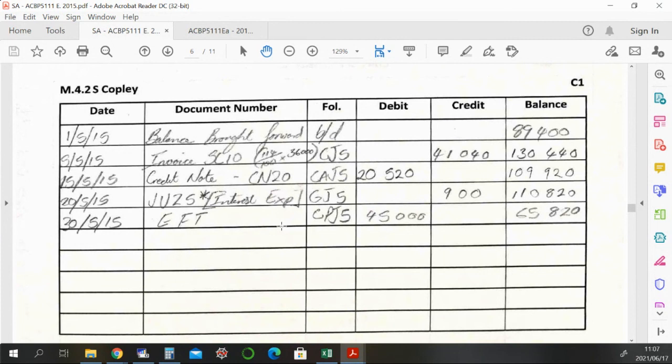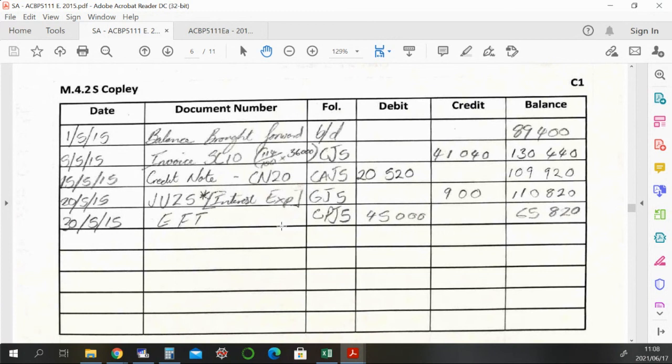The next transaction was on the 20th. There they're saying charged interest of 12% per annum for 60 days, based on a portion of 45,000 included in the balance of 89,400 as shown above.